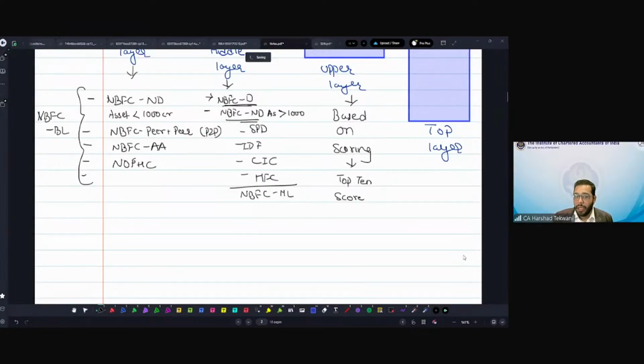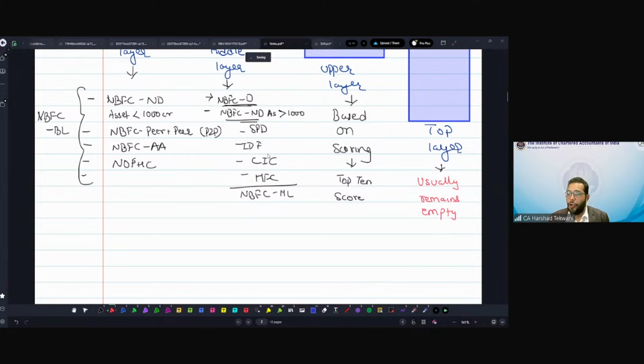And then comes the top layer. The top layer usually remains empty. Very critical to understand. Then why has it been created?